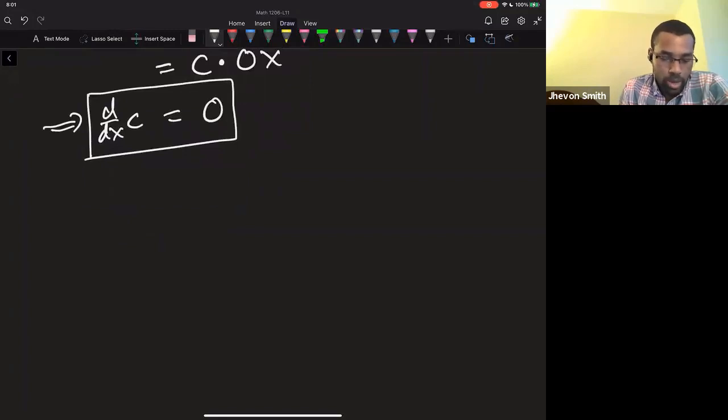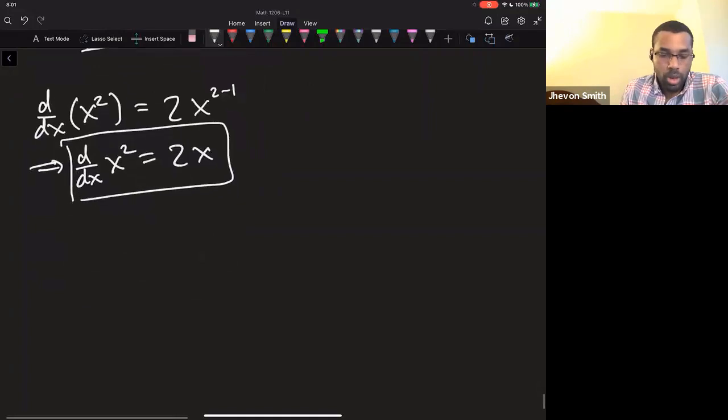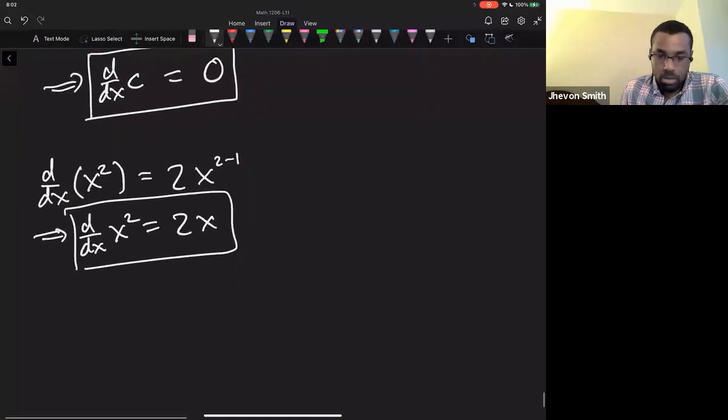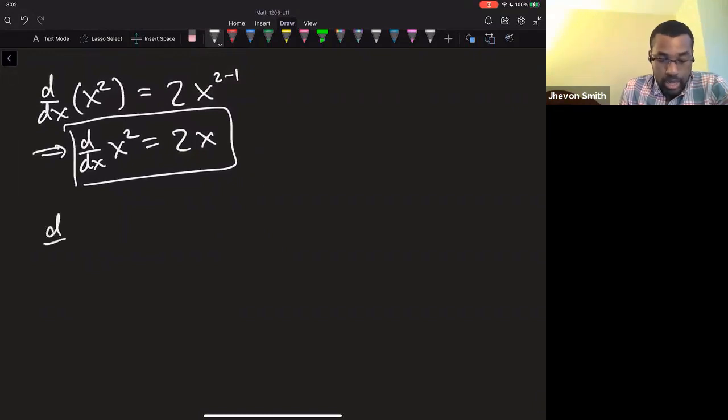We also looked at the derivative of x squared. Remember that was 2x. So we can get that again. We also looked at the derivative of radical x.